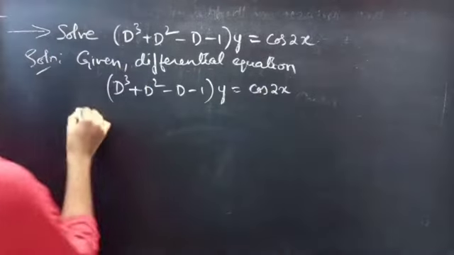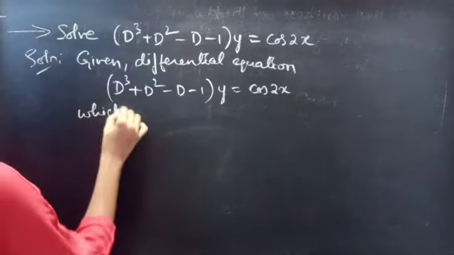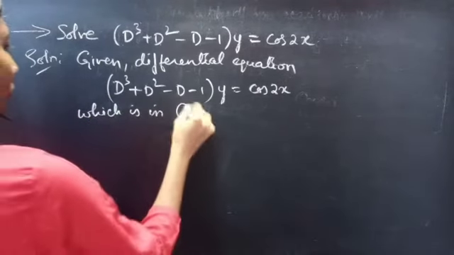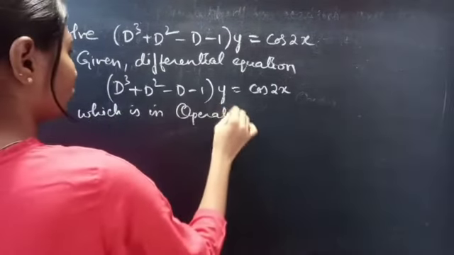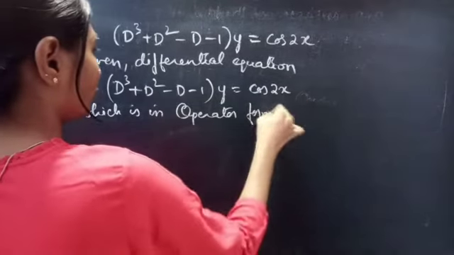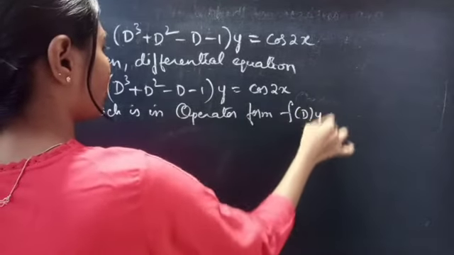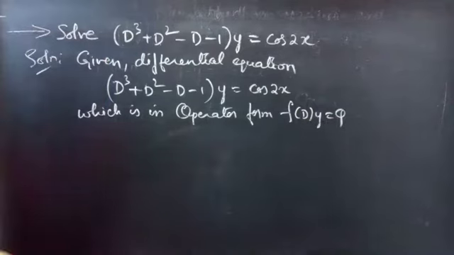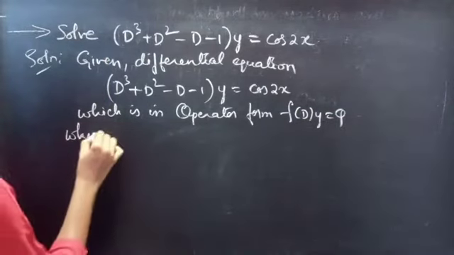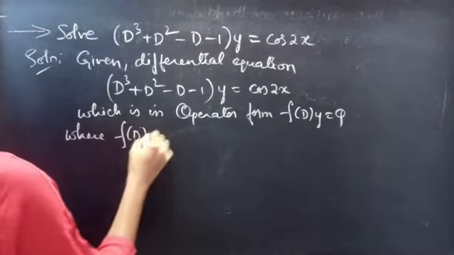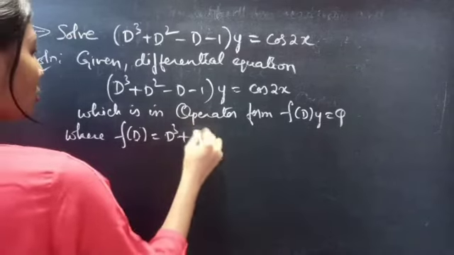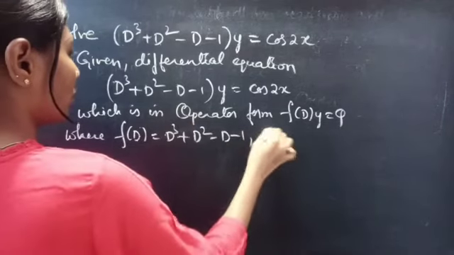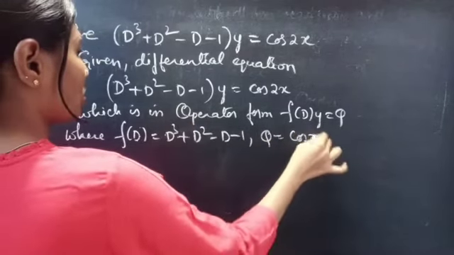This is of the form f(D) y = Q, where f(D) = D^3 + D^2 - D - 1 and Q = cos 2x.